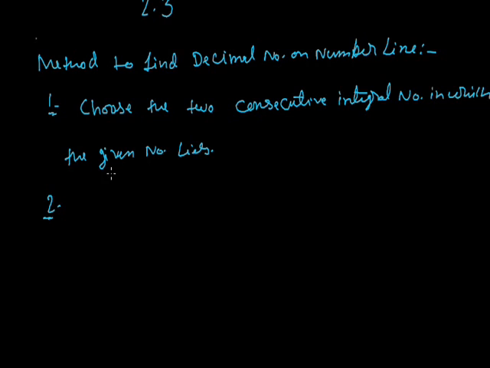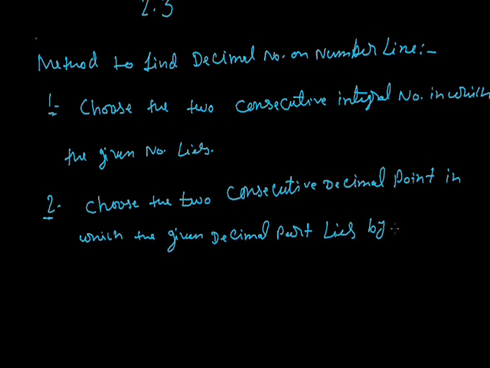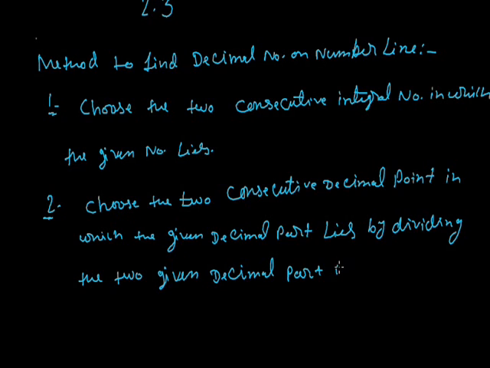Second point is to choose the two consecutive decimal points in which the given decimal part lies, by dividing the two given decimal parts into the required equal parts.